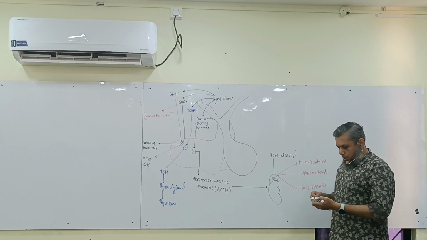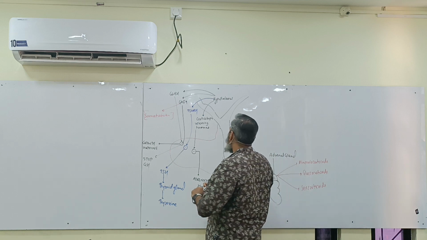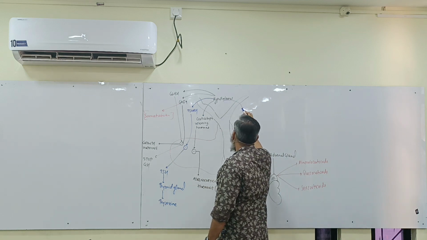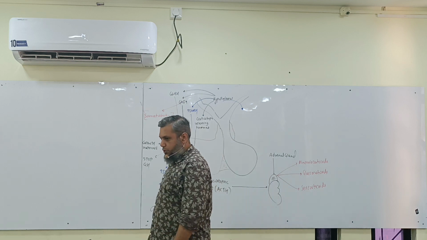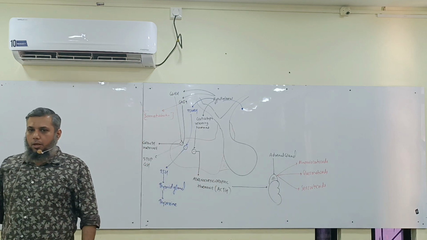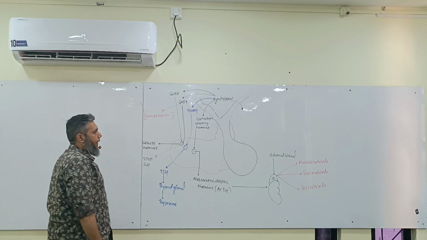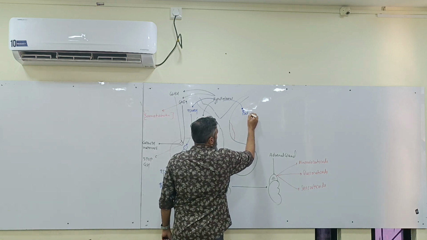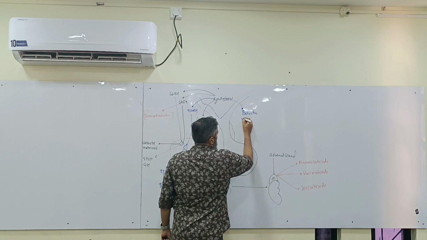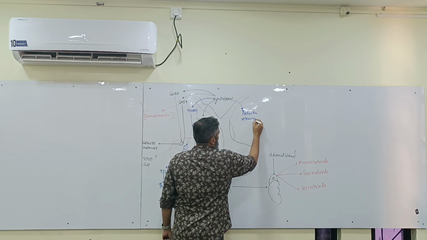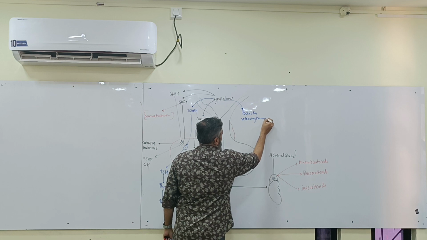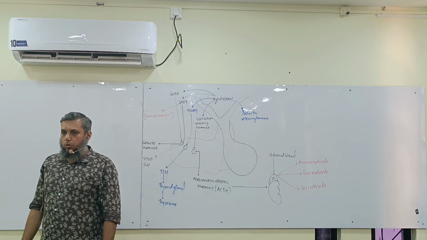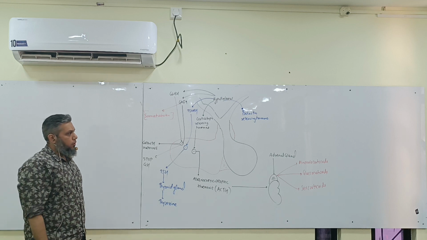Okay. Now, which part? Again, hypothalamus. It secretes prolactin releasing hormone. Okay, what's the name of the hormone?